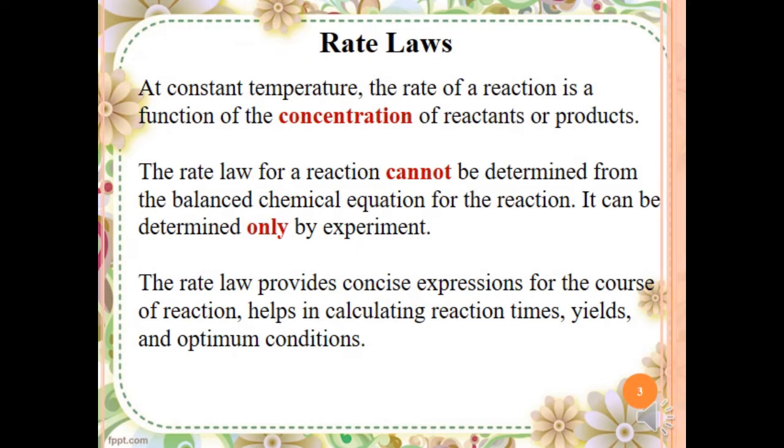They can only be determined experimentally. So the rate law provides a concise expression for the course of reaction, and it helps in calculating reaction times, yield, as well as optimum conditions.